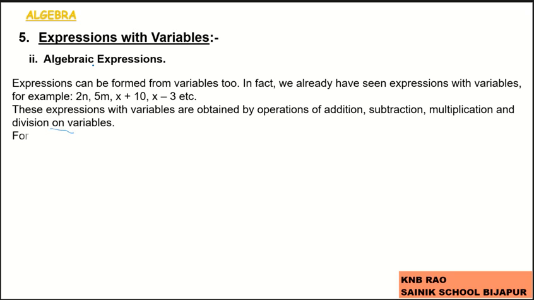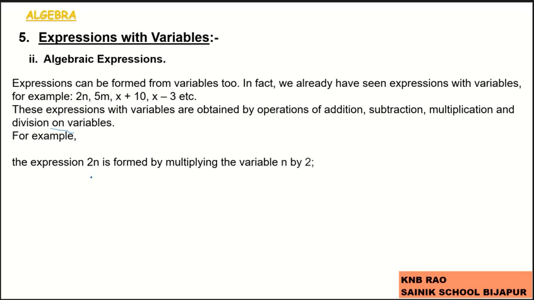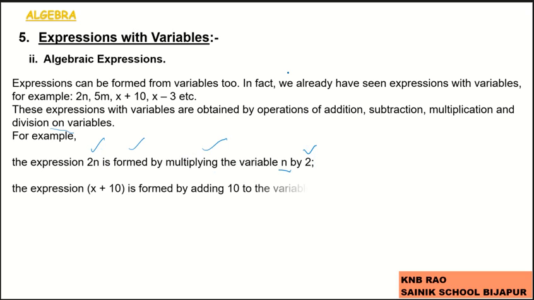Now, if you take the expression 2n, it is formed by multiplying the variable n by 2. 2 into n or 2n, it is formed by multiplying the variable n by 2. And in another example, x plus 10 is formed by adding 10 to the variable x.